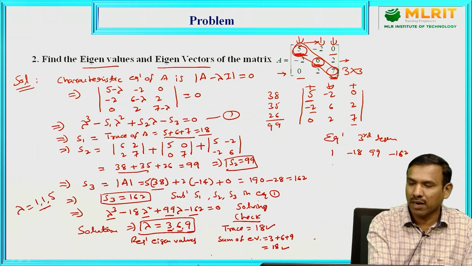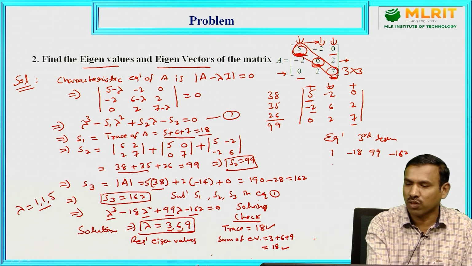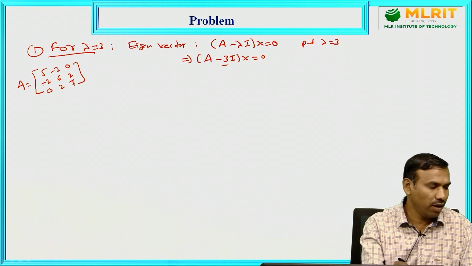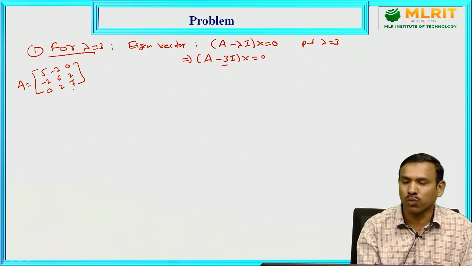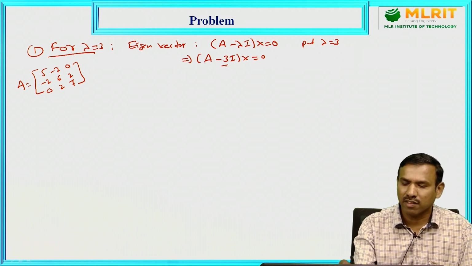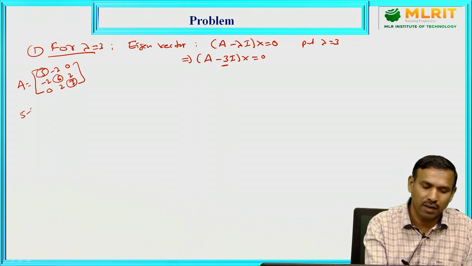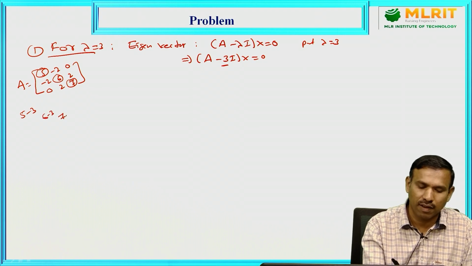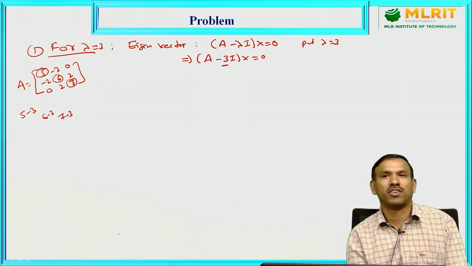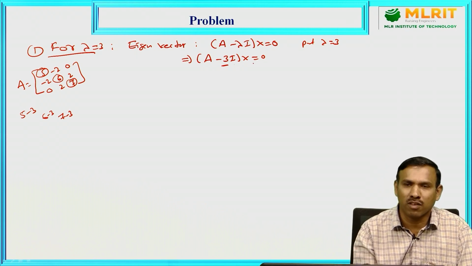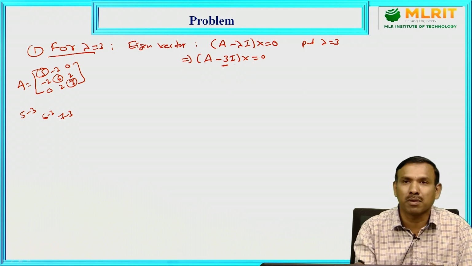A minus 3I means 3 should be subtracted from the diagonal, so from 5, 6, 7 we get 5 minus 3, 6 minus 3, 7 minus 3. The remaining elements won't change, because the identity matrix contains 1 only on the diagonal and the remaining elements are 0, so subtracting 0 makes no change.